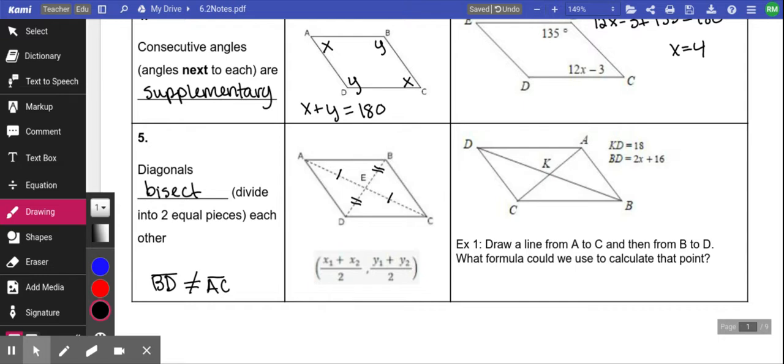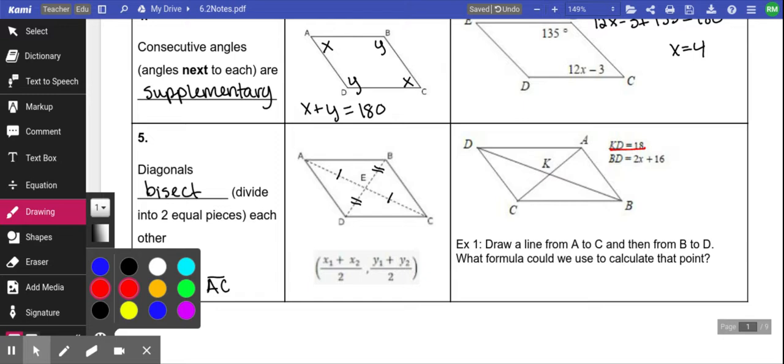Okay, let's look at this next example. So it says KD equals 18. Let's go ahead and look where KD is. So KD is 18, and it says that BD is 2x plus 16.